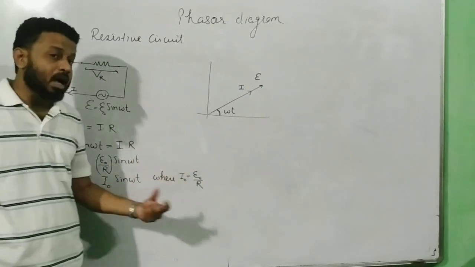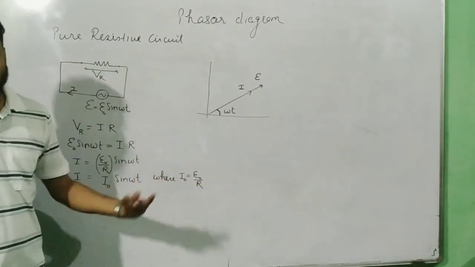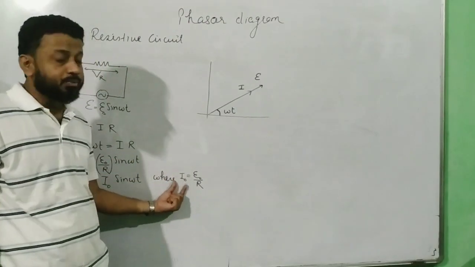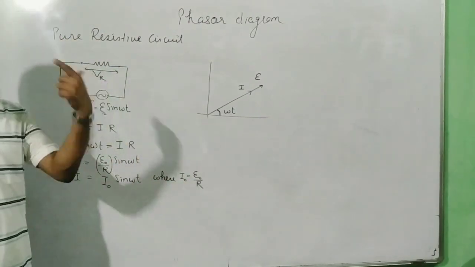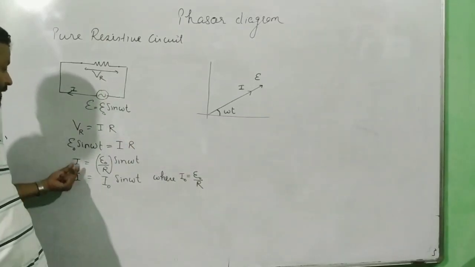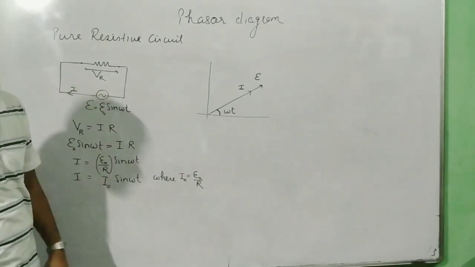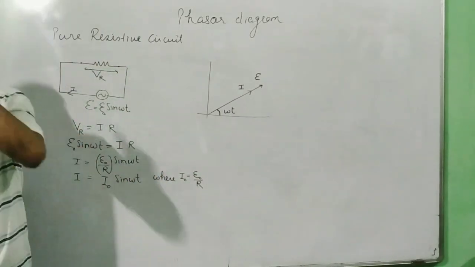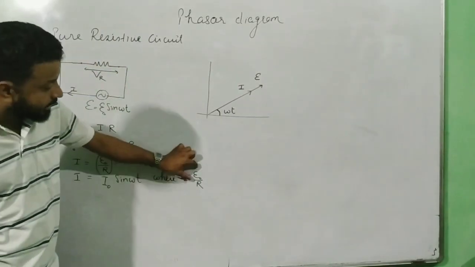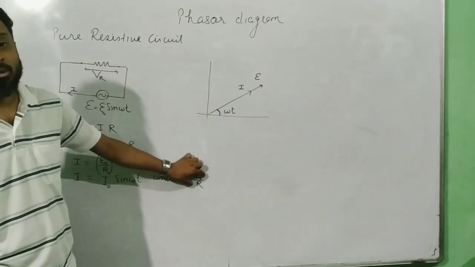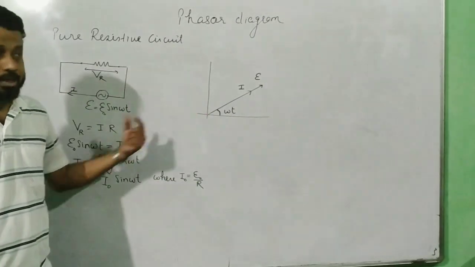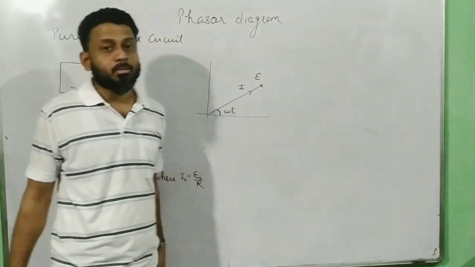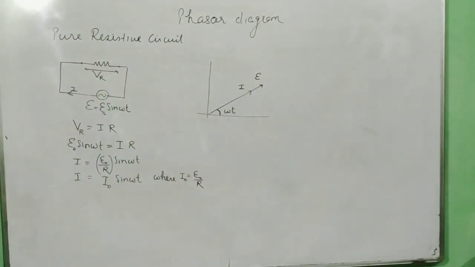So I am assuming that R is more than 1 ohm, which generally it is. So in that case, my I naught peak value will be less. If the I naught peak value is less, that means at any instant the current will also be less. If your R has a value less than 1, 0.1 ohm, 0.2 ohm, 0.3 ohm, in that case E naught by R will have a value more than E naught. In that case the arrow head of the I naught will be ahead of the EMF. That's not a big deal.